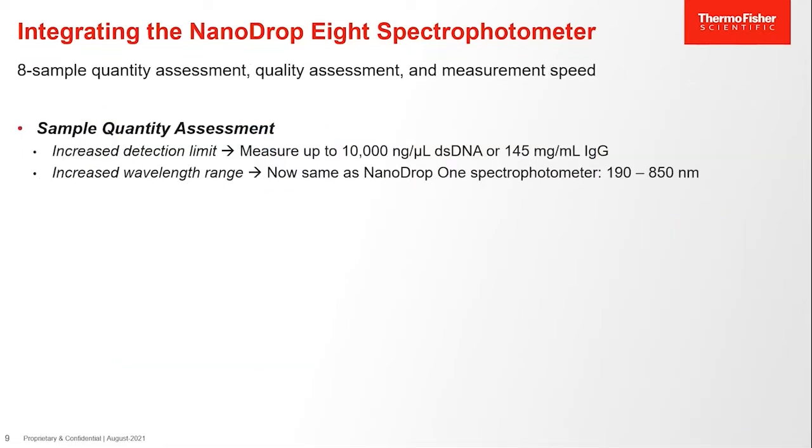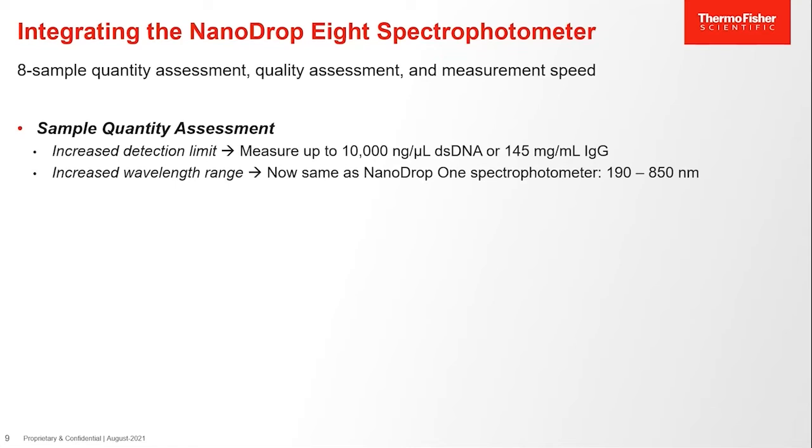So the NanoDrop Eight is really built around the ideas of enabling 8 sample quantity assessment, quality assessment, and improving measurement speed. In the sample quantity assessment arena, the NanoDrop 8 has increased detection limits over the previous NanoDrop 8000.